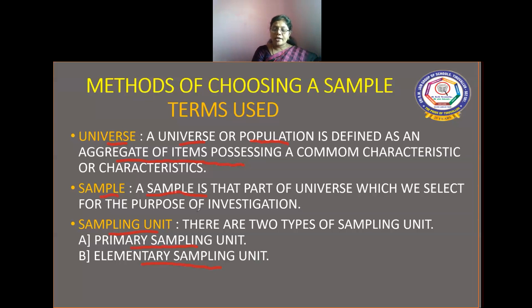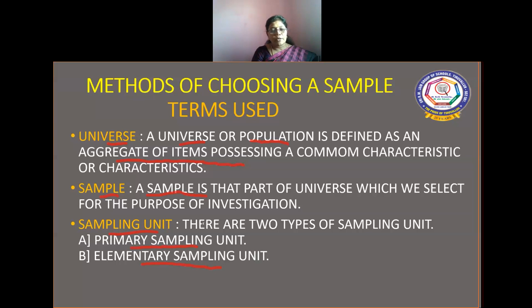So yesterday in our example also, we concluded that the characteristics which those 200 students are going to possess, the same we are going to take for all the 2000 students. Next one, sampling units.